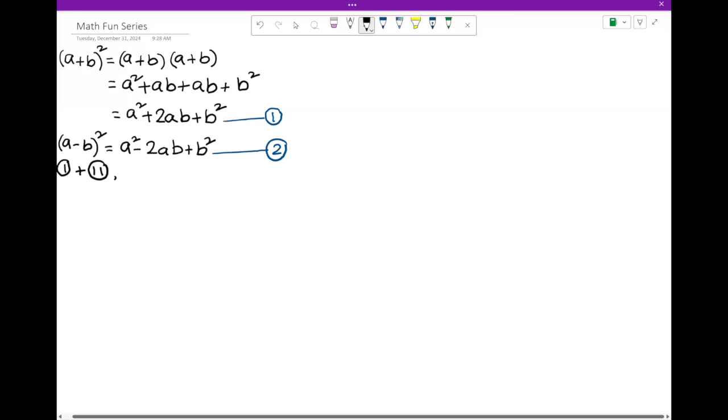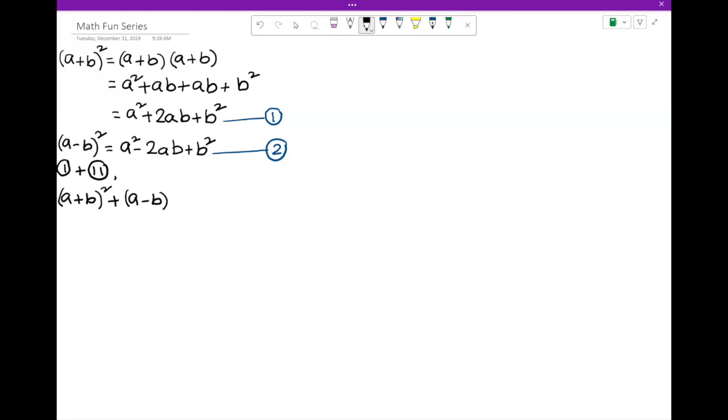We get a plus b whole square plus a minus b whole square. On the right side, when we add the two, we get 2a square plus 2b square.